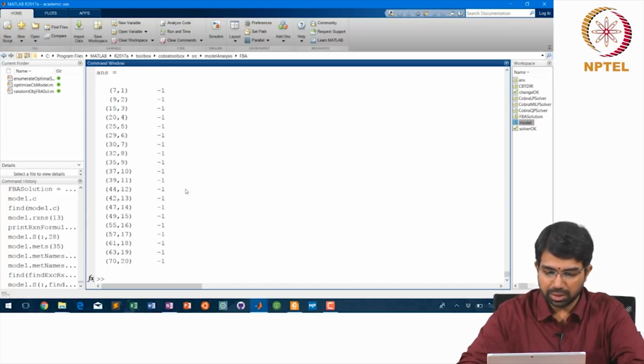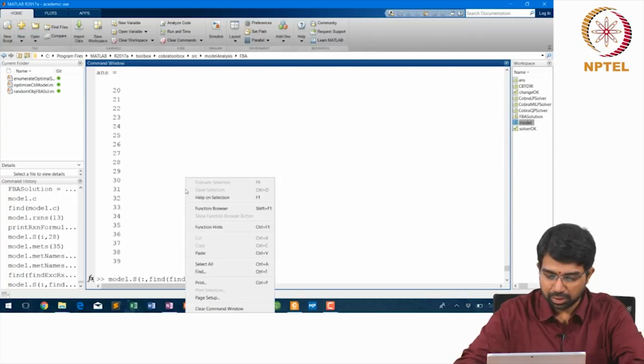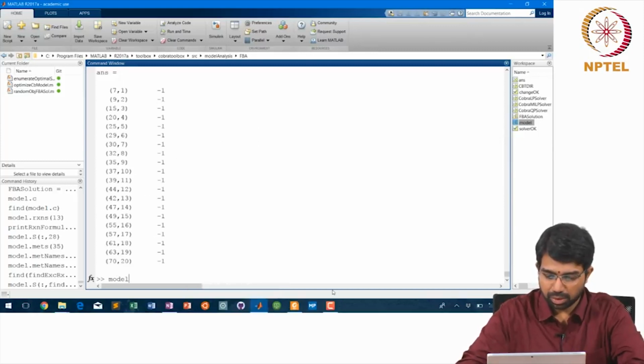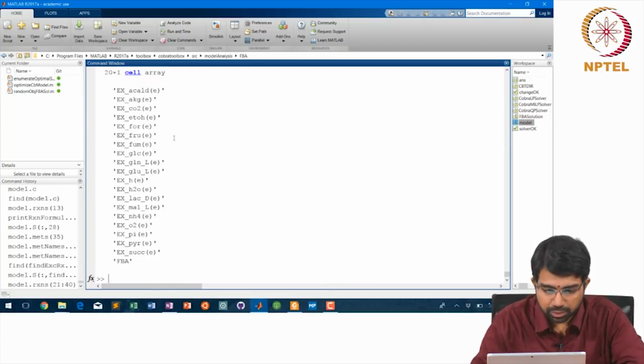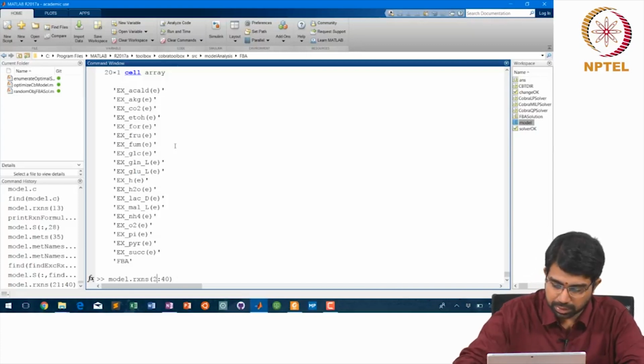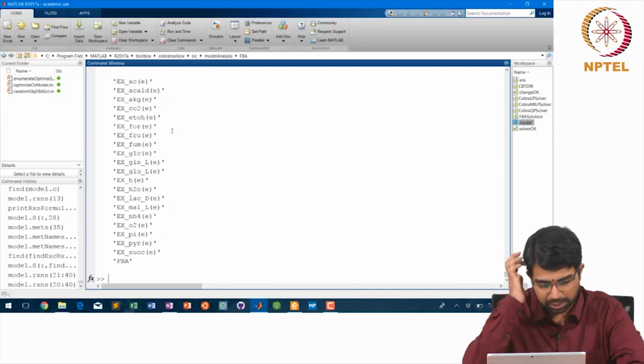So, I would basically need to find out where is acetate. So, model.rxns 21 to 40. Maybe acetate is 20 already. Yeah, acetate is 20, right. So, it makes life easy.